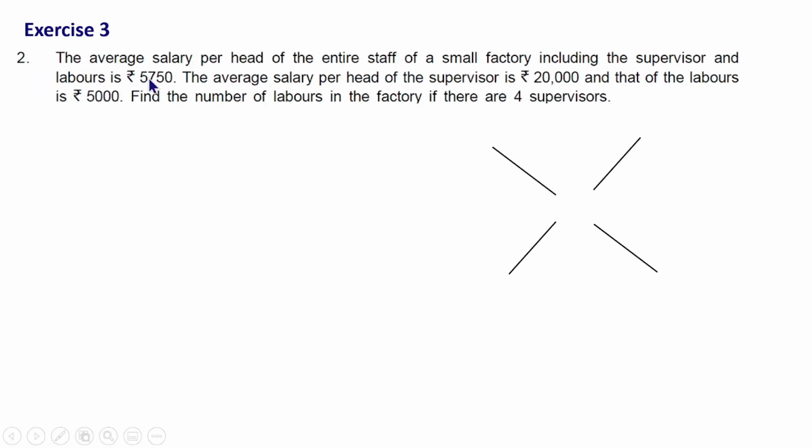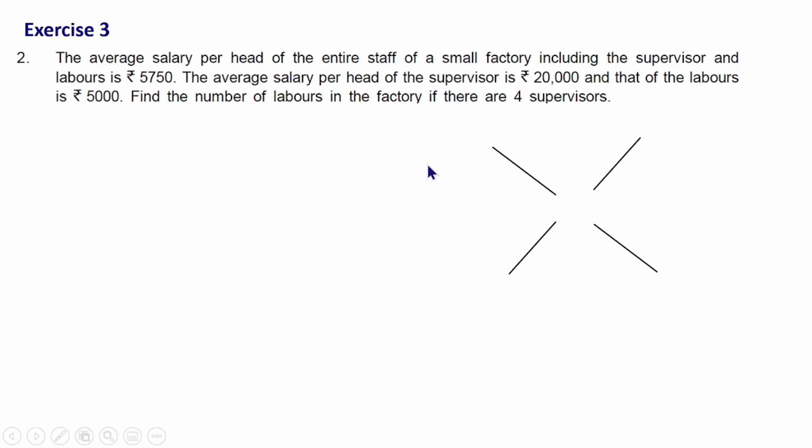Next question. The average salary per head of the entire staff of a small factory including the supervisor and laborers is rupees 5,750. The average salary per head of the supervisor is rupees 20,000 and that of laborers is rupees 5,000. Find the number of laborers in the factory if there are 4 supervisors.